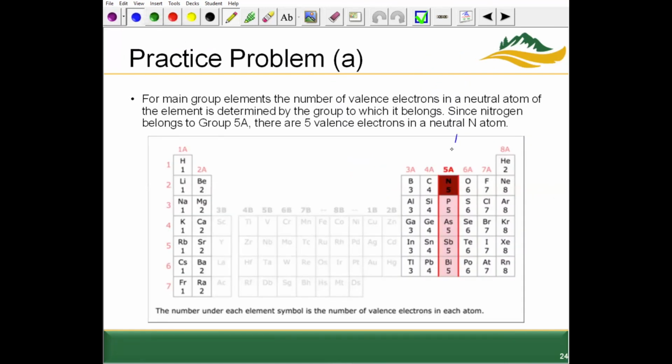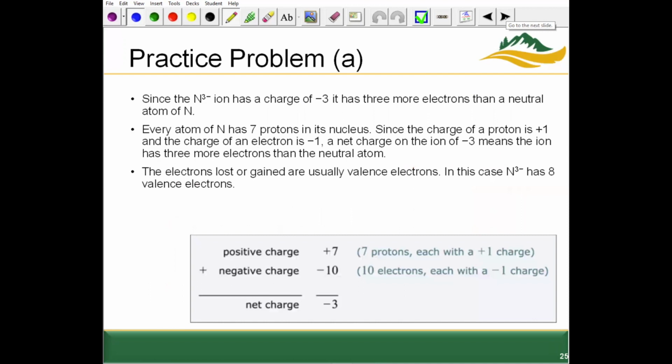Okay, so we're here for group 5A. We find nitrogen. Again, for neutral nitrogen, that would have 5 valence electrons. We are not dealing with neutral nitrogen, though, in the problem. We have nitride, the 3 minus anion. Let's talk a little bit more about the number of protons and electrons in nitrogen. So let's go back up to this version of the periodic table.